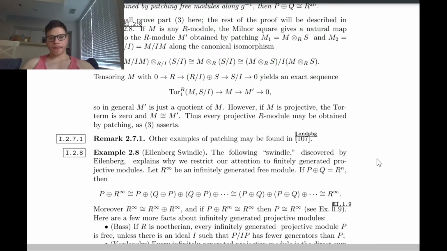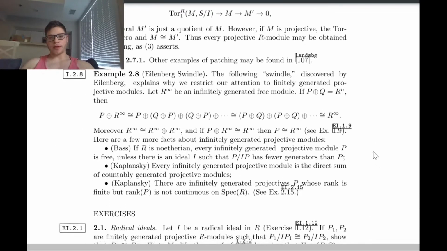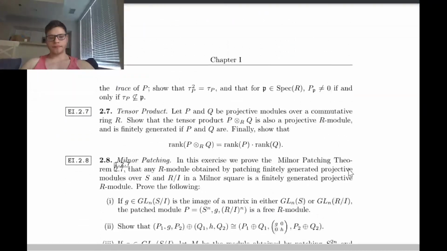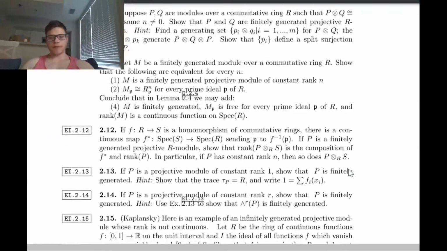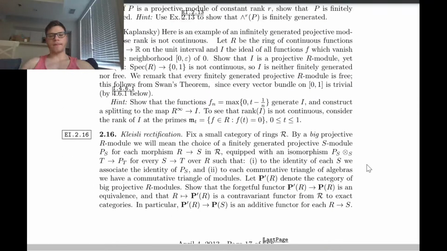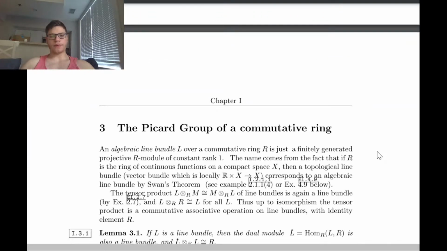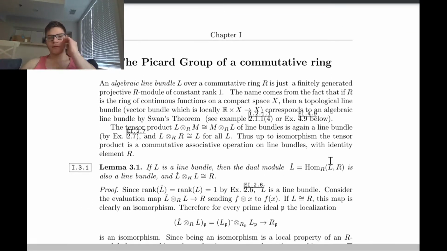Okay. The algebraic swindle. This is a cute example. But I want to get into vector bundles, and then we're going to do some K0. Picard group for computer different.